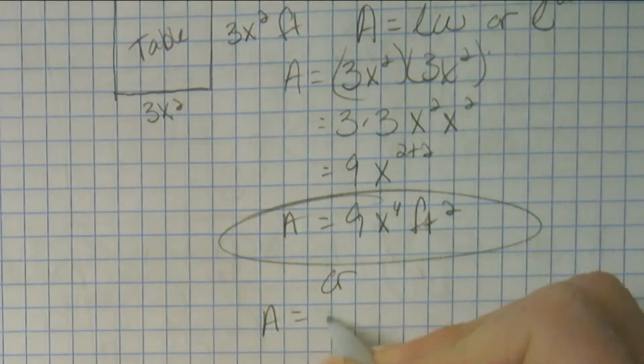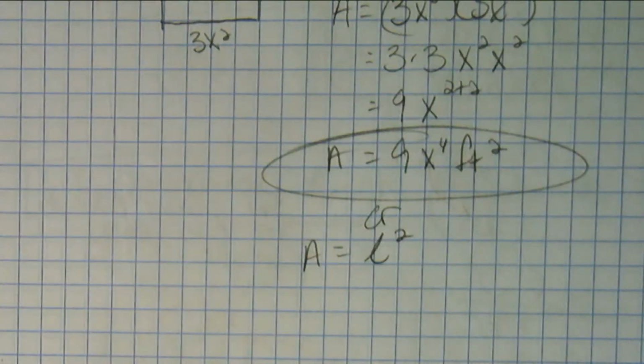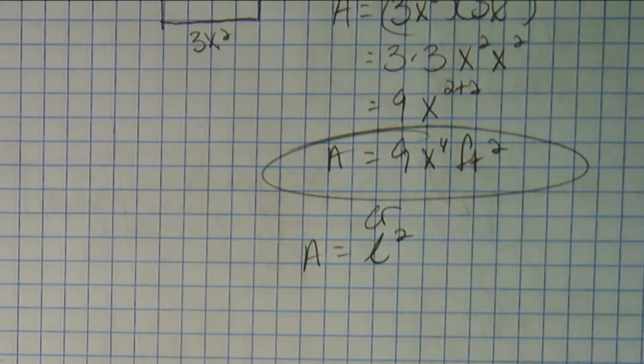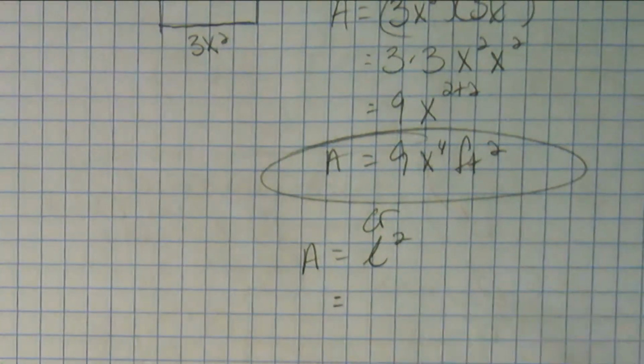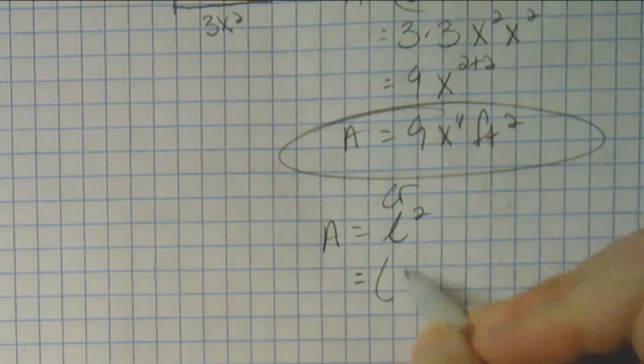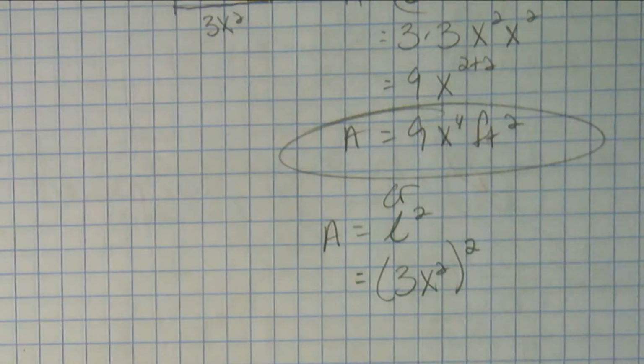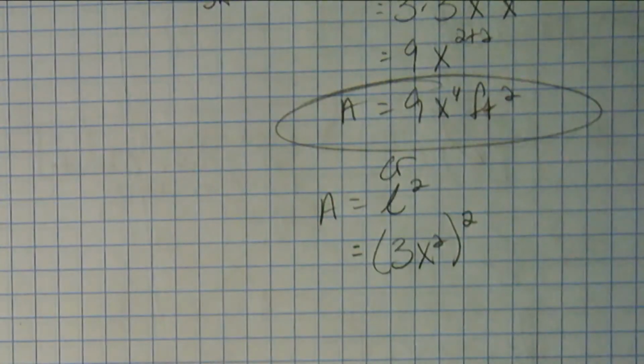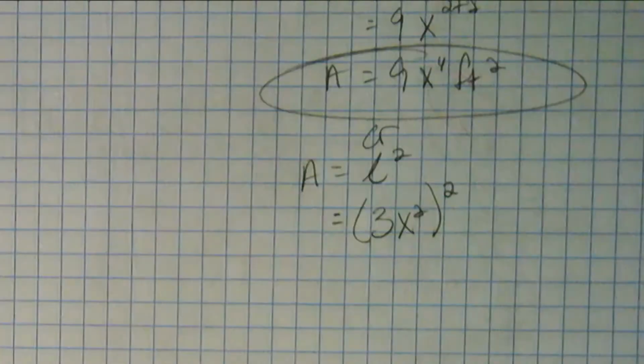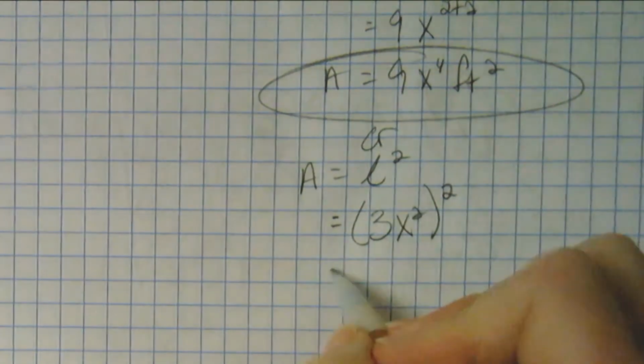If I used length squared, this is applying more of the power rules that we were doing last night. So if I decided to use length squared, it would be 3x squared in parentheses squared. Using our power rules we did last night, what do I do from here?